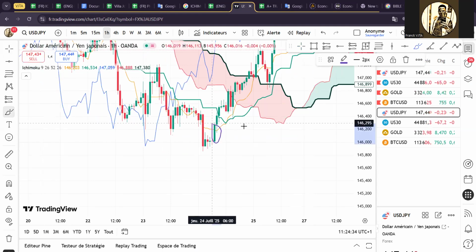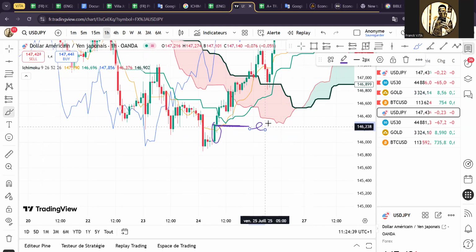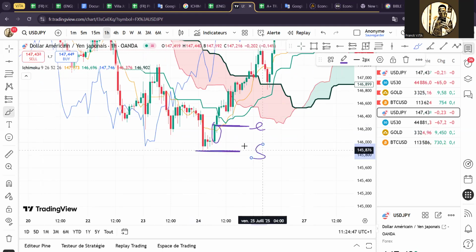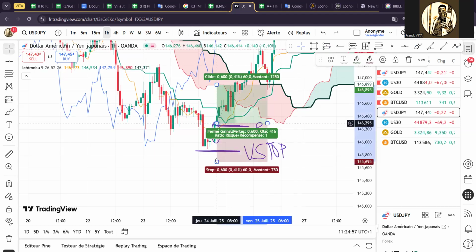On this down candle, you can enter directly at the close of the down candle and place your stop loss just at this bottom wick, right? This is where you place your V stop. I call my stop loss V stop, right? So the position will look like this.